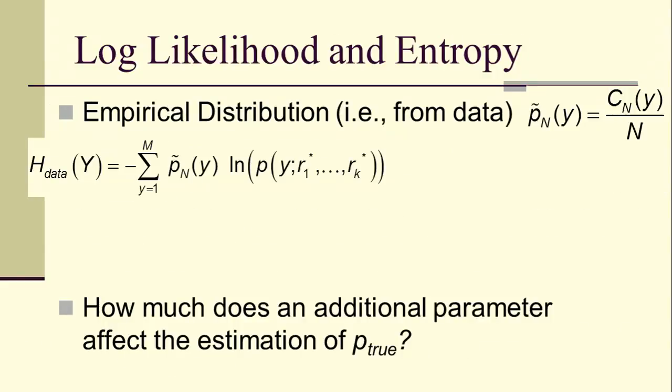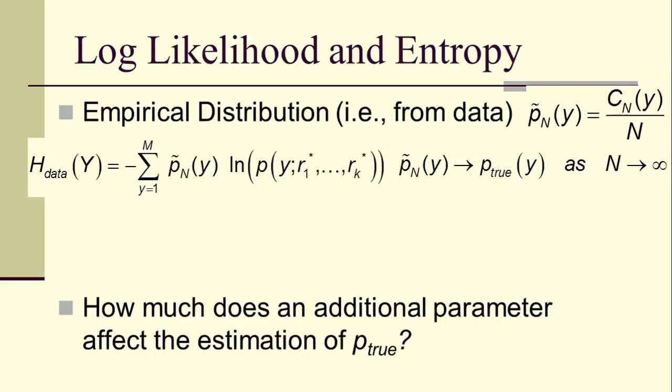So we call that the empirical distribution, c sub n of y over n, denoted by p tilde sub capital N. And we call this h of the data, the entropy based on the data of the outcome variable y, the sum over the empirical distribution times the logarithm of p of y semicolon r1 star up to r sub k star. So that's the data best fit model in the sense of maximum likelihood and also now maximum entropy.